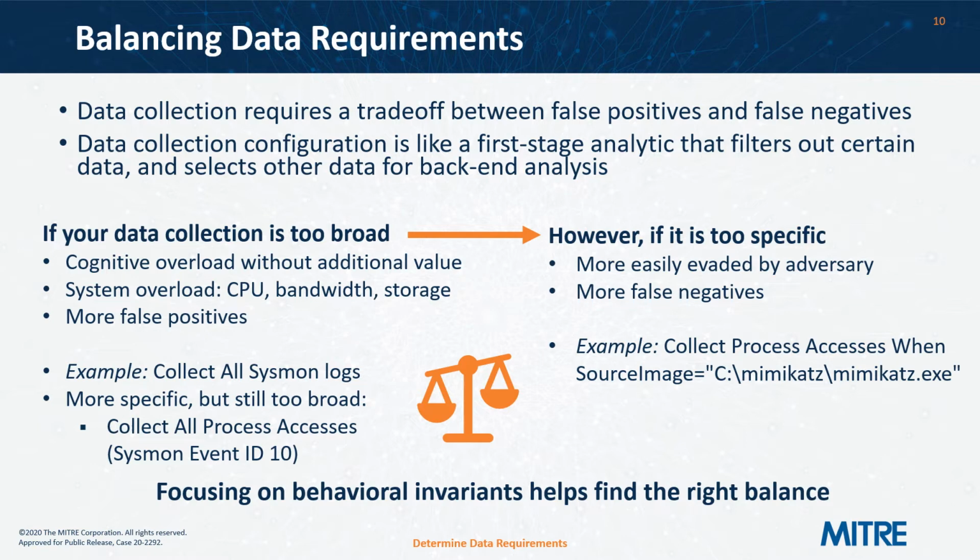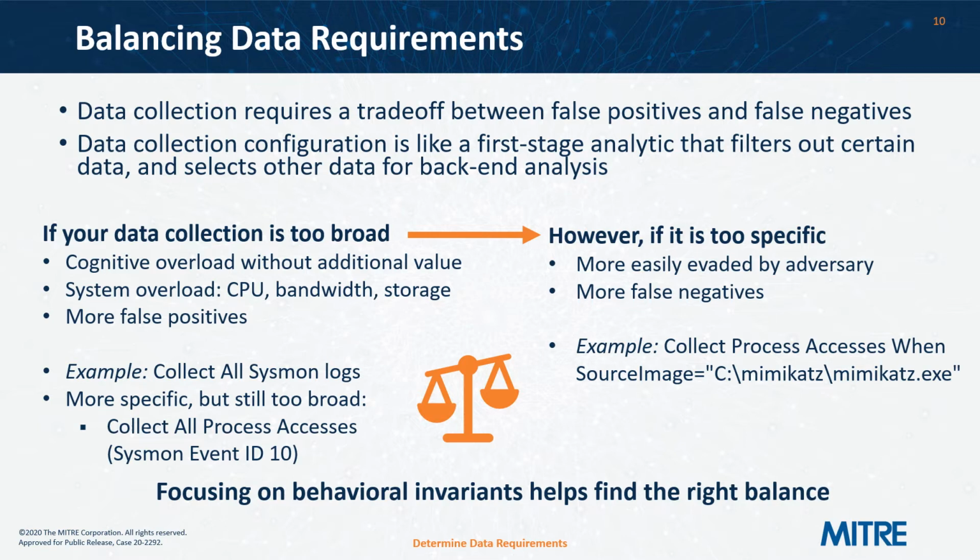So it suffers from the same tension between precision and recall as analytics do. If the data collection is too broad, it could cause an overload at the system level, like the bandwidth required to send the data back for analysis, or at the cognitive level for the analyst. For example, simply collecting all Sysmon events without any filtering is likely to generate much more data than it's worth for detection.